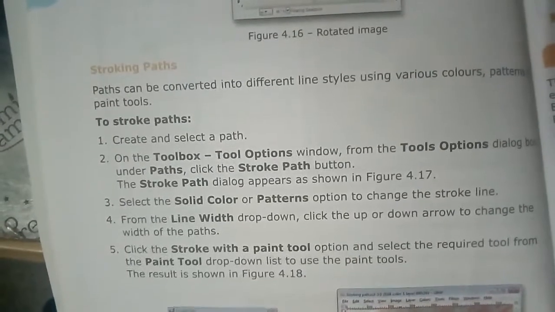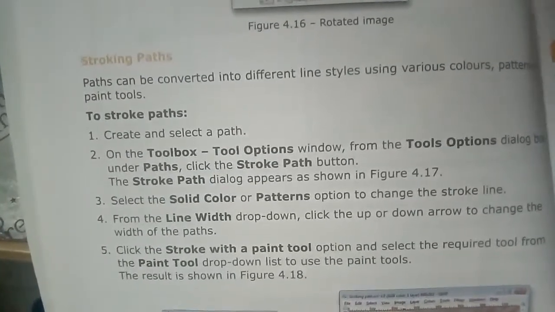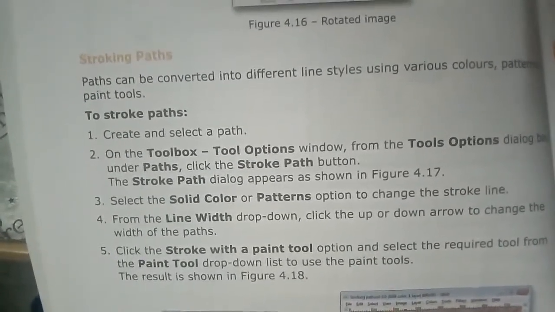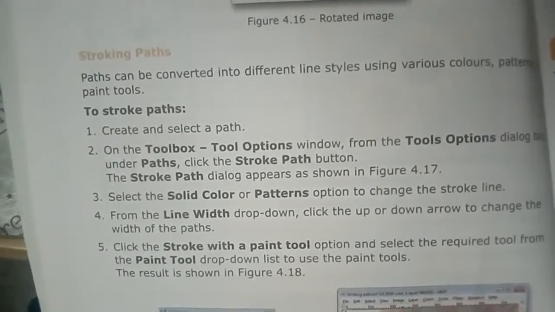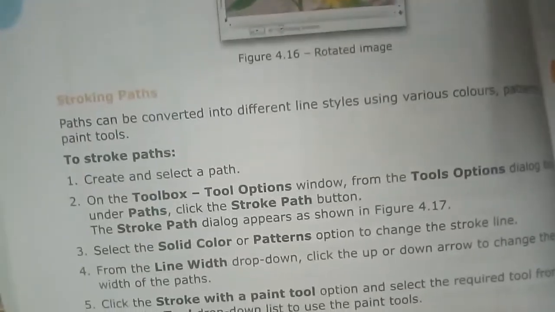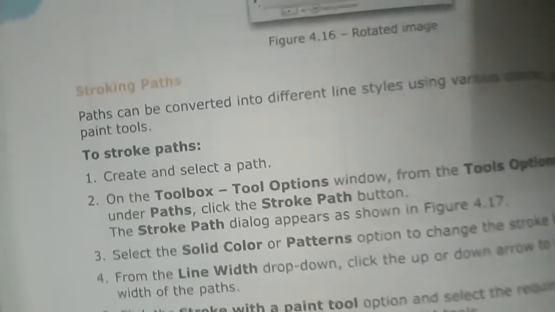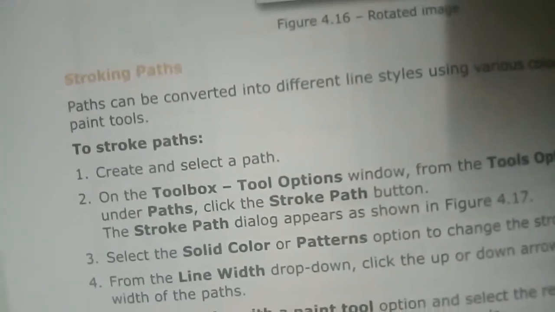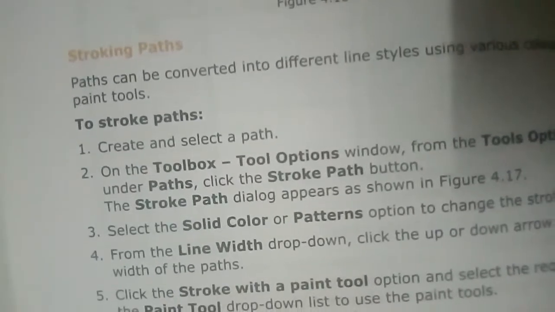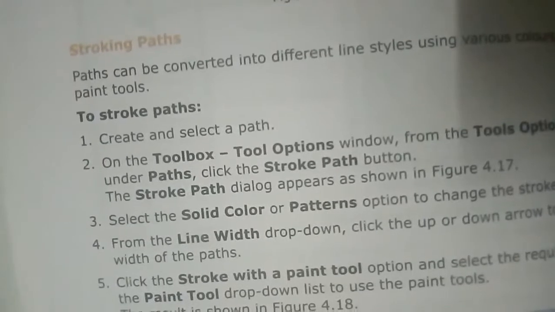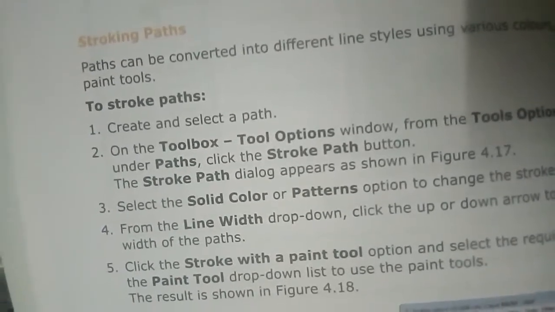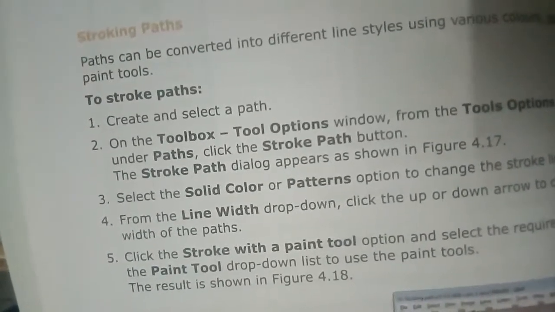When you click on the stroke path button, the dialog box will open. There you can see stroke line. There are different options: solid color, pattern. Then line width, the width of the stroke, then line style, and one more option is stroke with a pen tool.